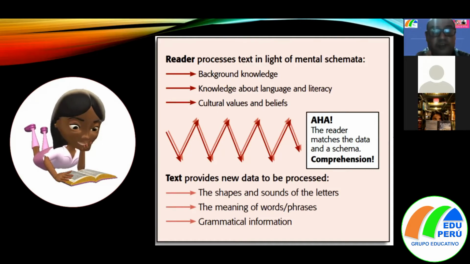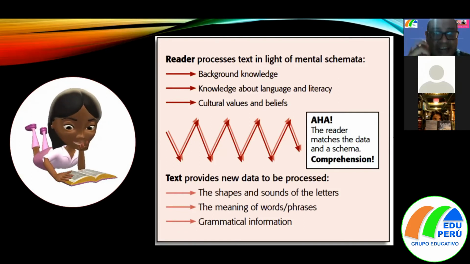He's going to decodify this data, this information, and match it with the schema. So it means with his or her prior knowledge, background knowledge, knowledge about the language also. It's not just the knowledge that this person has related to the culture, customs, beliefs, values, and so on. It's not just that. That's why we have two: formal and content schemata.